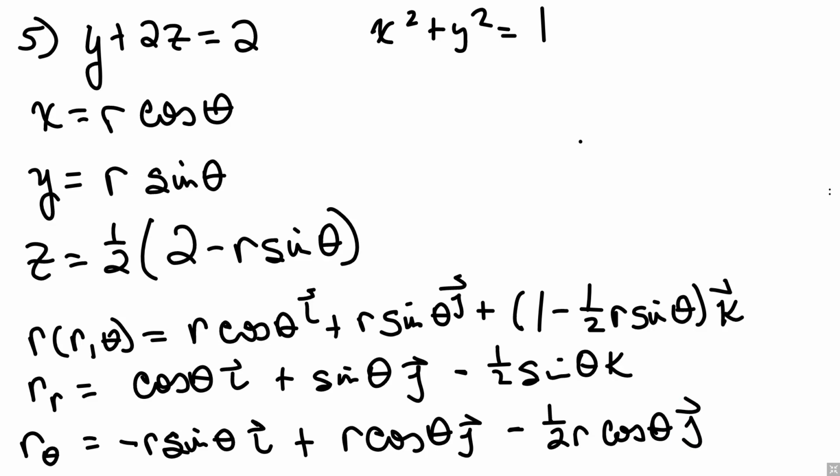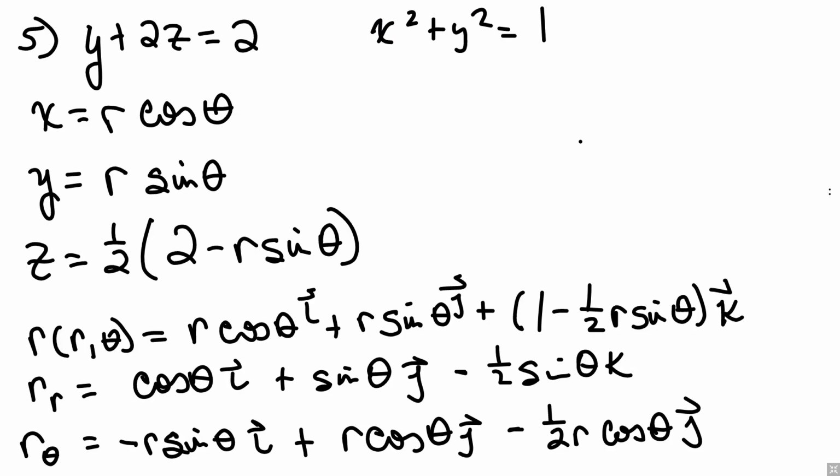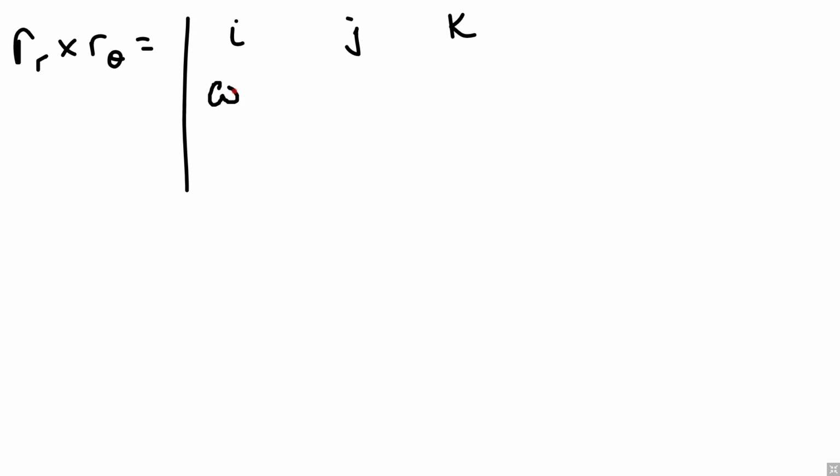So if we look at the cross product, we'll have cosine theta, sine theta, negative 1/2 sine theta.